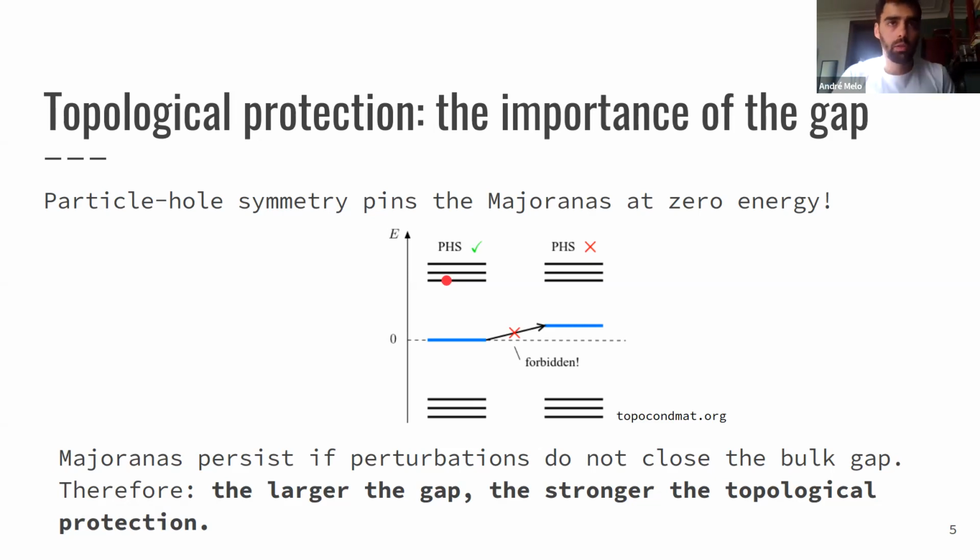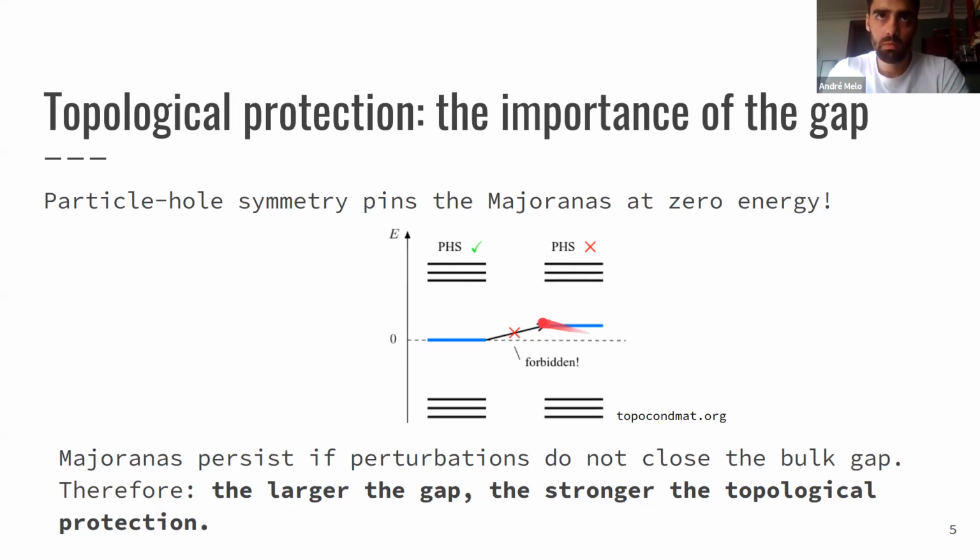Now, if you wanted to ruin this qubit, to destroy the Majoranas, you could try to move them away from the Fermi level like this, right? You could try to engineer a perturbation that does this, but that isn't actually allowed, because particle-hole symmetry forbids this transformation, right? You need to always have a symmetric spectrum with respect to E equals 0.